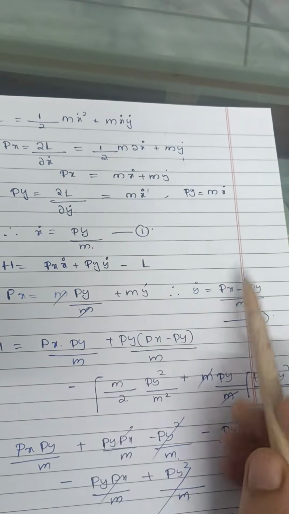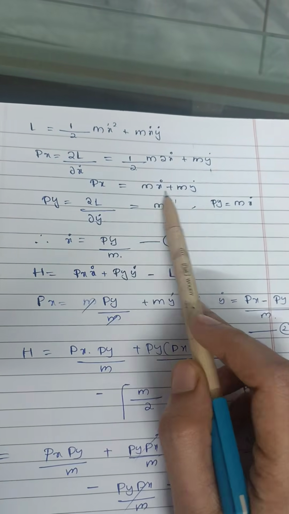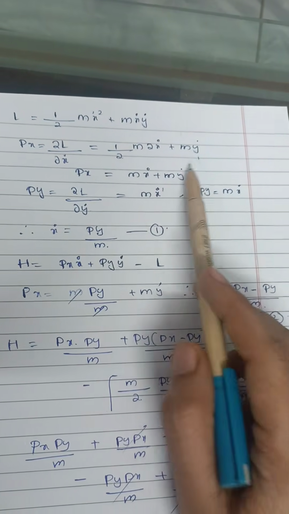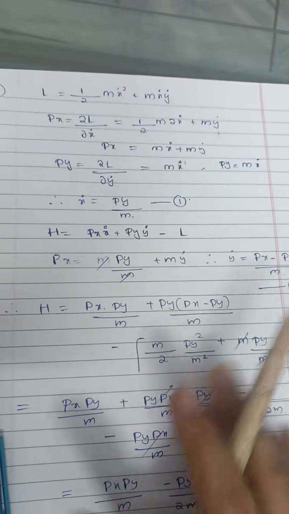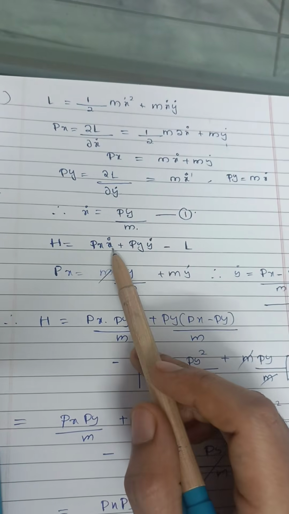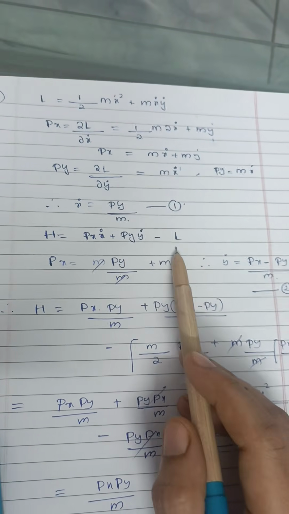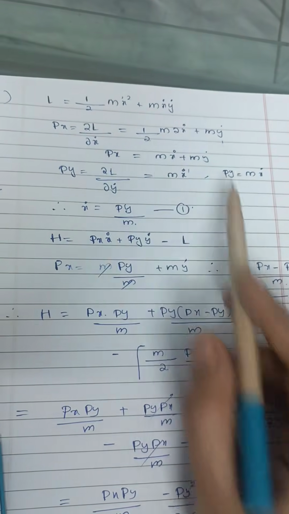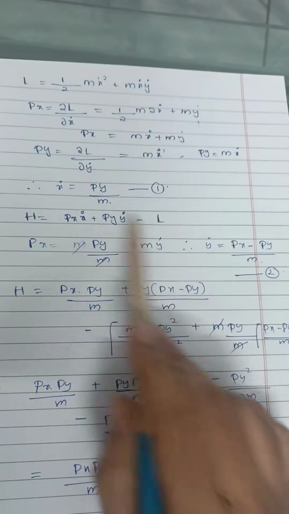Substituting the x dot in this equation, the y dot will be reduced to px minus py divided by m. So the Hamiltonian will be x dot times px plus y dot times py minus L, and the Lagrangian will be replaced by this, and the x dot and y dot are replaced by these terms.